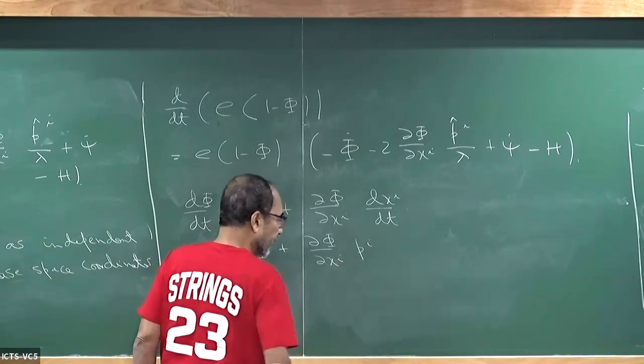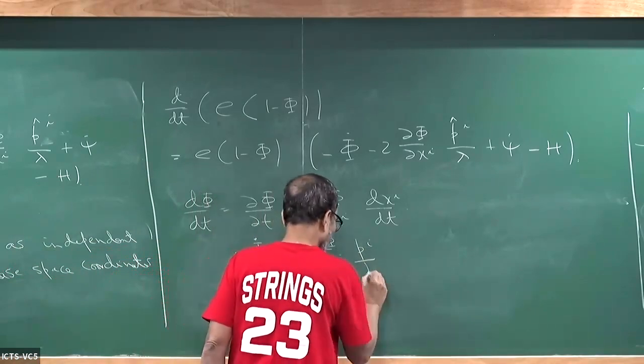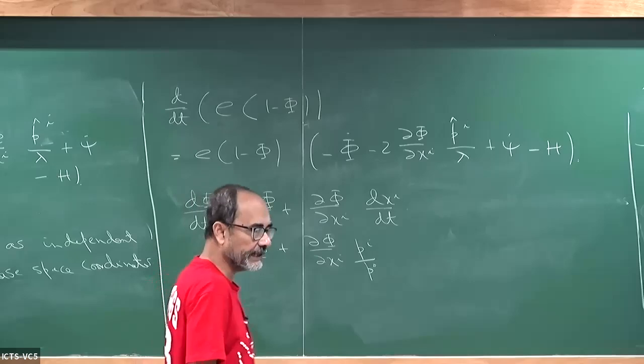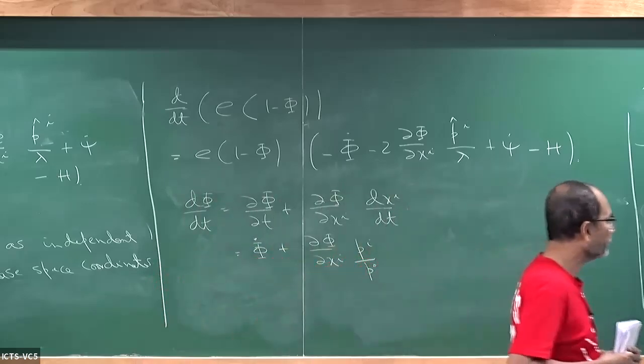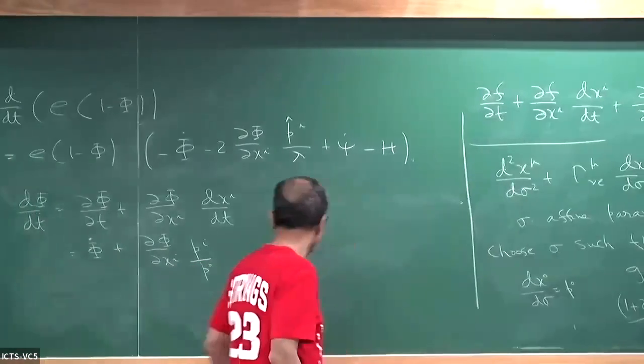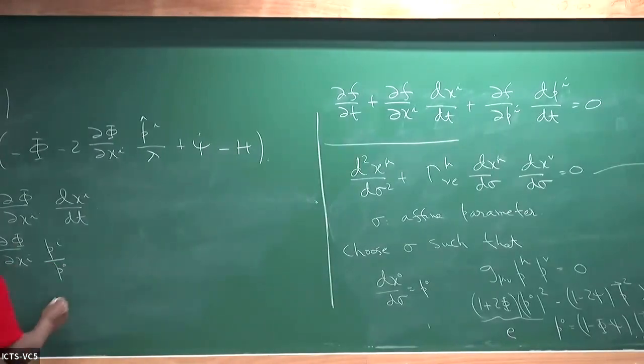Sorry, this is not pi, this is pi over p naught, because you're calculating dxi dt. dxi d sigma would have been pi, but dxi dt will be pi over p naught, and p naught again is related to e. P naught is e times 1 minus phi.